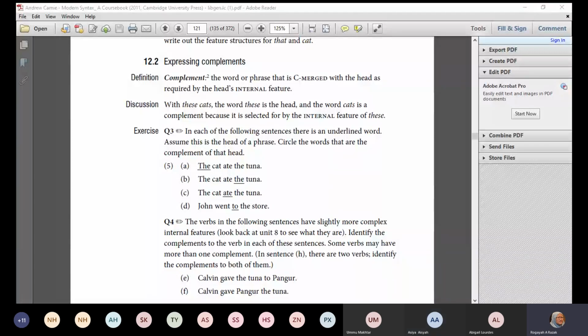Ate is a constituent because it forms a verb phrase. So regardless of any sentence, if it has ate, the word ate is a constituent. Yes.